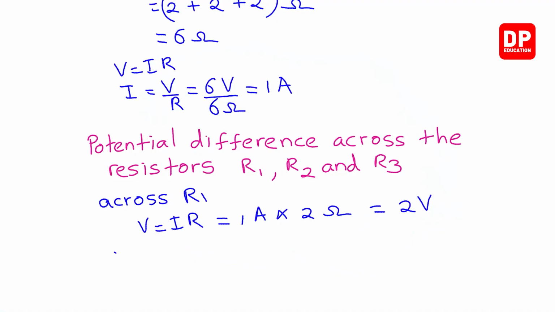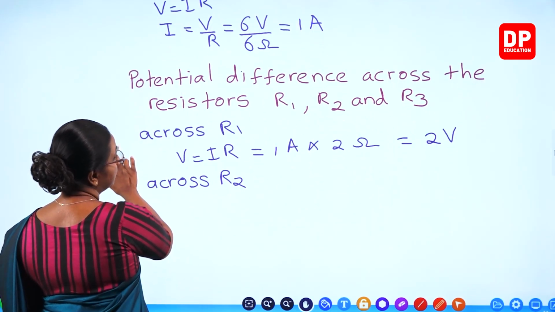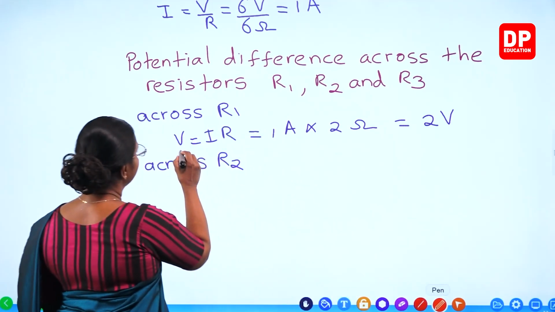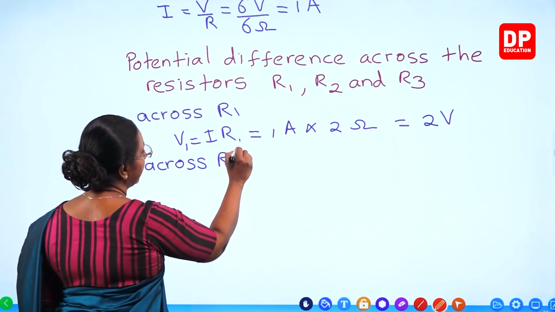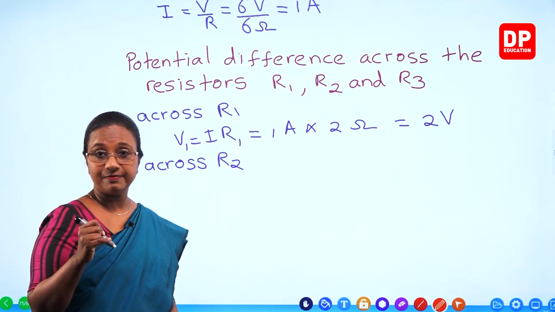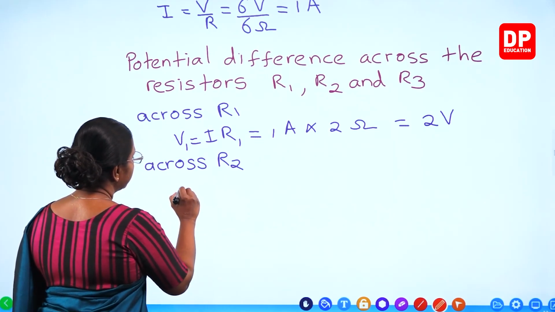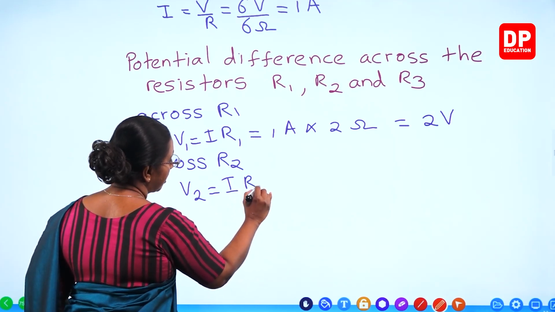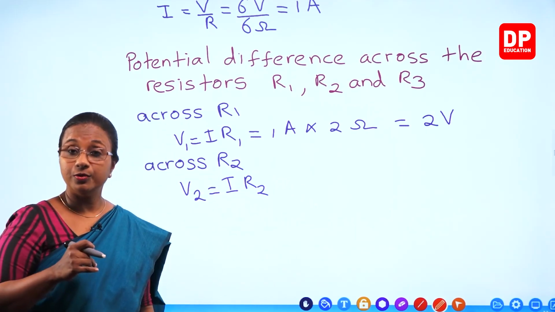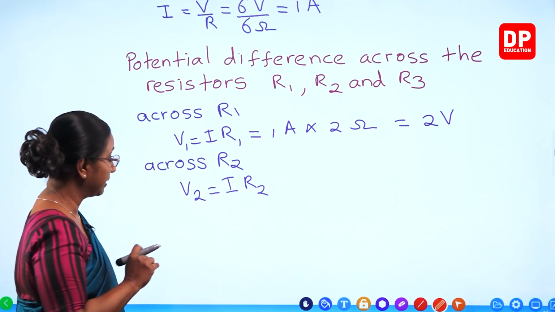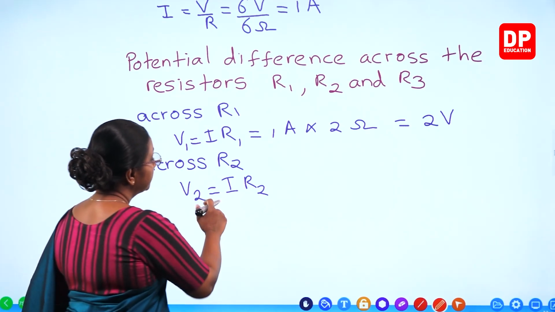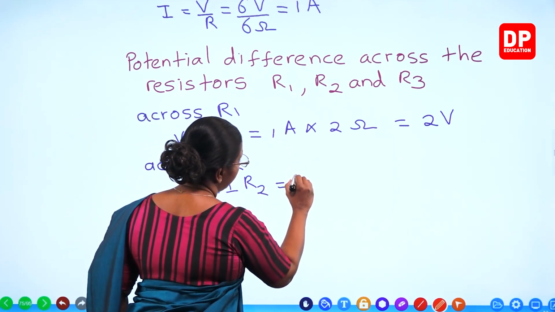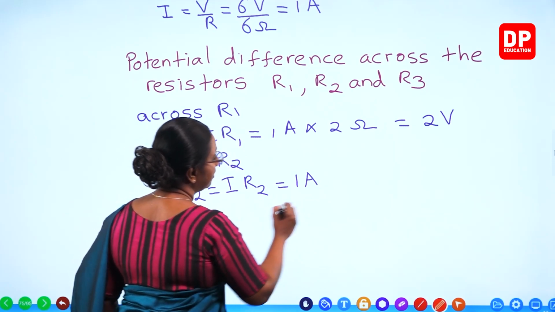Then across R2. So here also we will label these as V1, R1. Then it is easy for us to identify. So here V2 equals I into R2, I will not change. That is how we wrote the equation before also. You can remember that in the previous slide. So here again, 1 ampere, the same current flow.